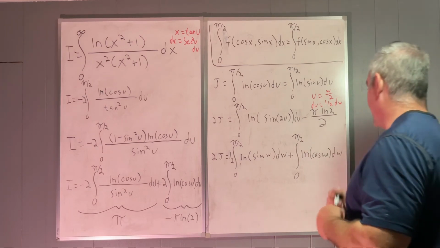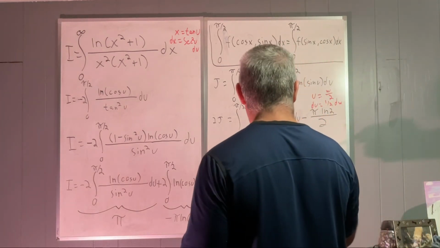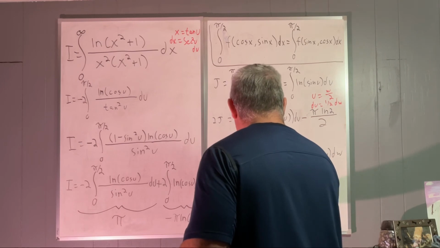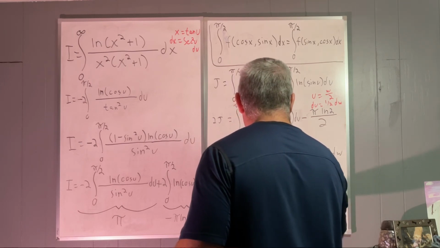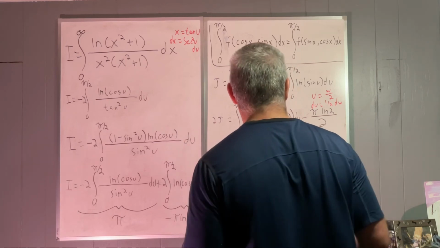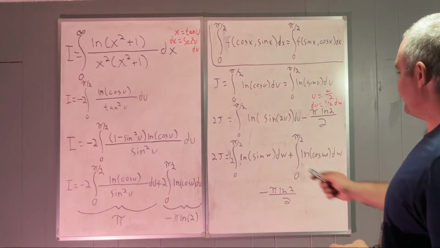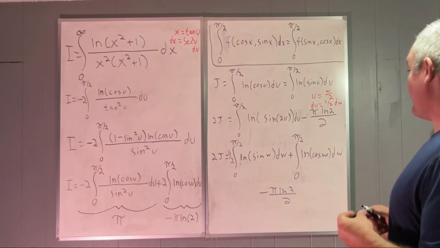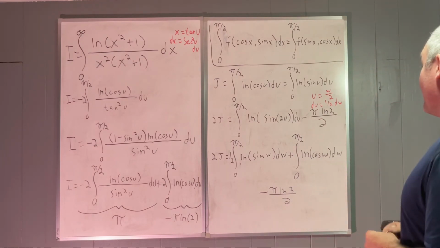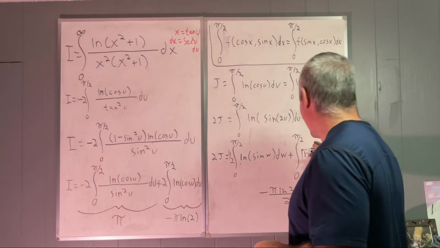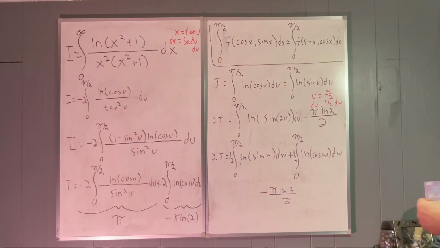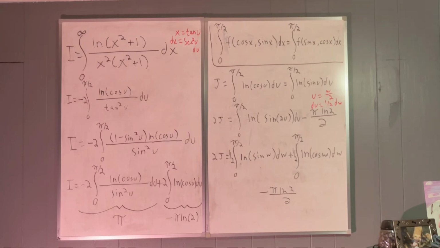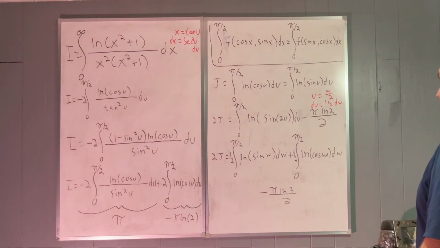And of course, we also have this minus pi natural log 2 over 2. So we have 2j is equal to 1/2 integral of natural log sine w dw plus 1/2 integral of natural log cosine w dw minus pi natural log 2 over 2.